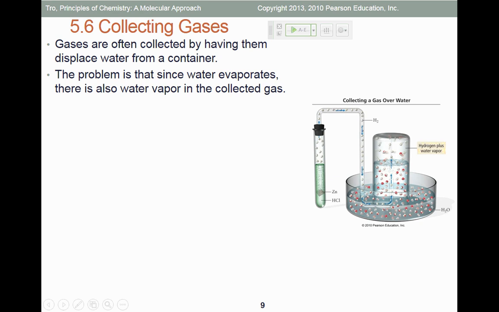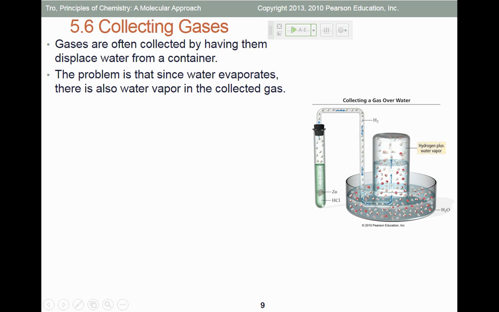But there is a problem. The problem with this is that water evaporates. And when water evaporates, what is it? It's a gas. So when you collect your gas over water, you end up with a mixture of whatever gas formed, in this case hydrogen, since this reaction formed hydrogen gas, plus water vapor molecules, H2O.